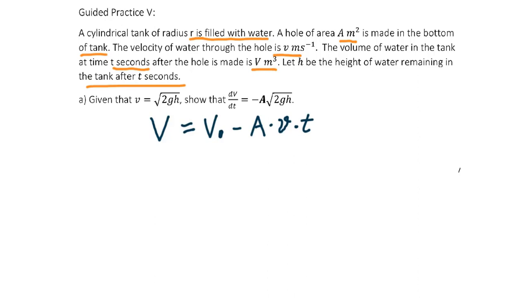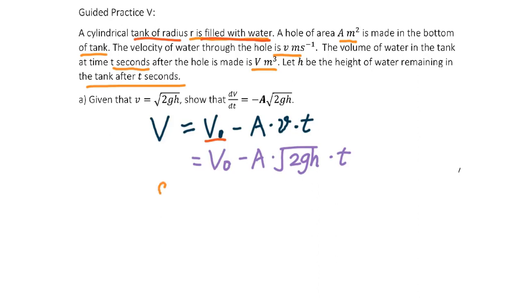This V0 will be the volume of the tank, because the tank is filled with water at the very beginning. Therefore, V0 is a constant, minus a times square root of 2gh times t.